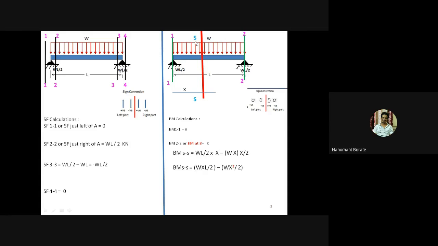So we know that intensity of UDL is W per meter, right? But our length is x meter. So total load of this partial UDL is W into x, and it will act at the center, at x by 2 distance, right?